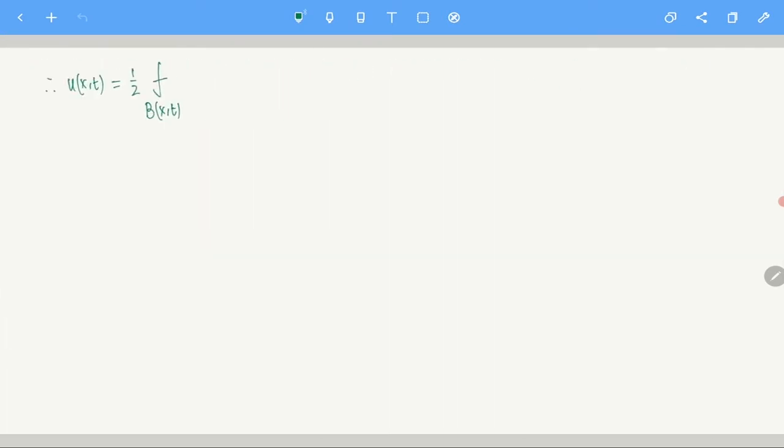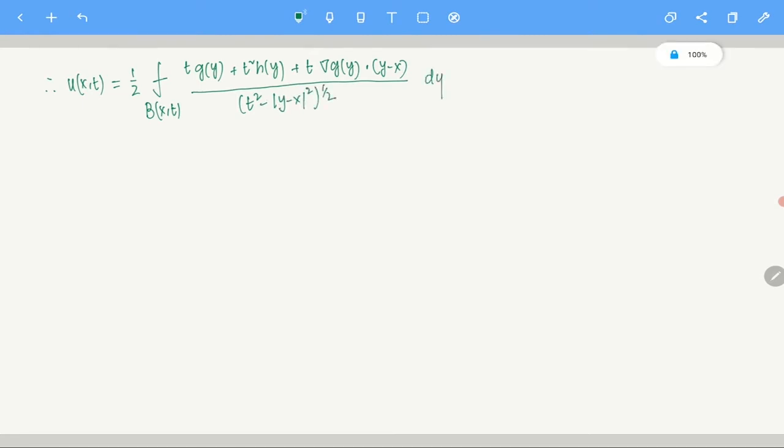And so this is u of x,t equals one half of the integral of t g of y plus t square h of y plus t gradient g of y dot y minus x by t square minus |y minus x| square whole power half dy. Clear? So this holds for x in R2 and t of course positive.